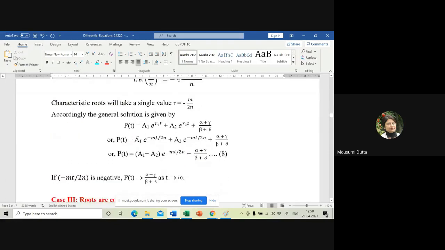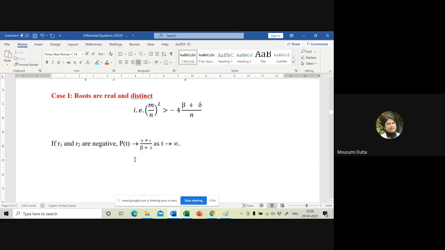Okay. So R is equal to minus m by 2n. Accordingly, the general solution can be presented in this format, equation number 8. If minus mt by 2n is negative, in that case, the path will be convergent.